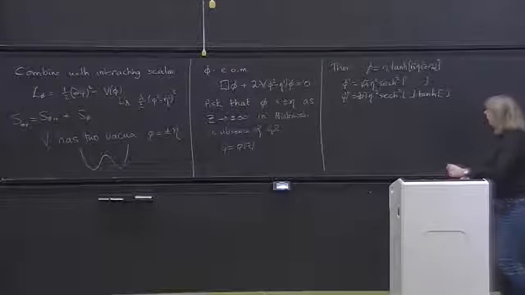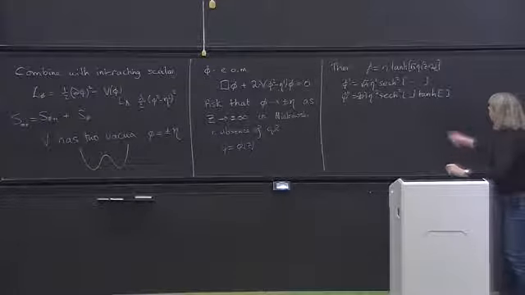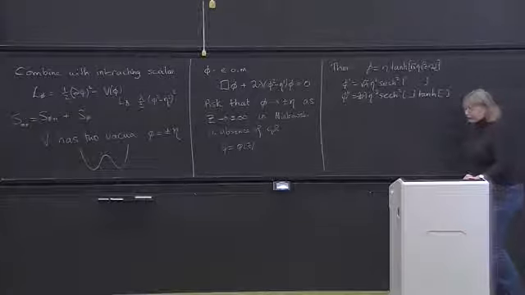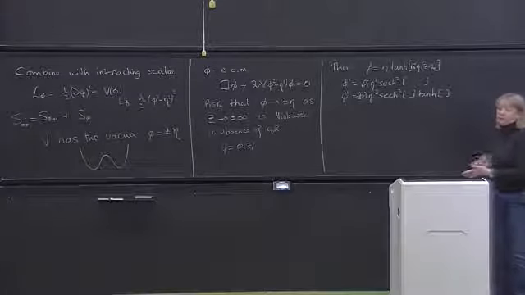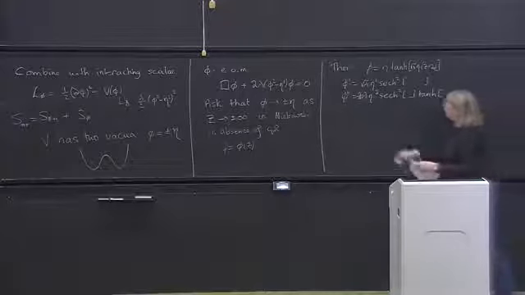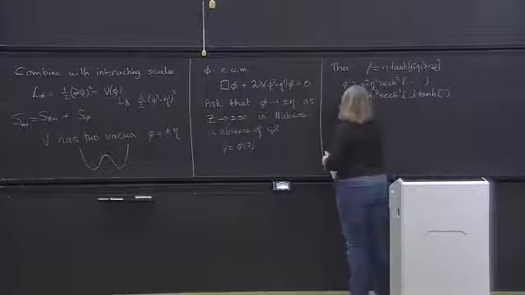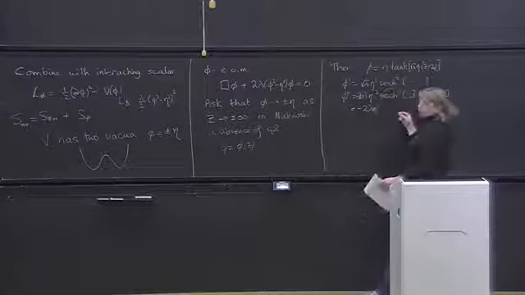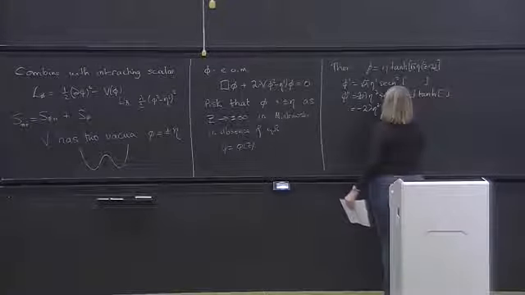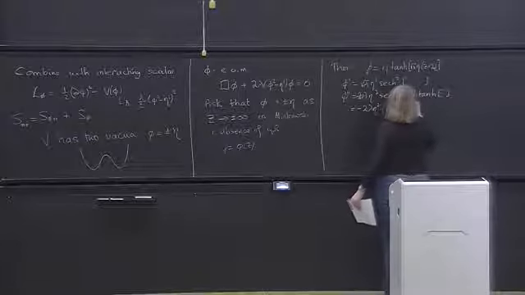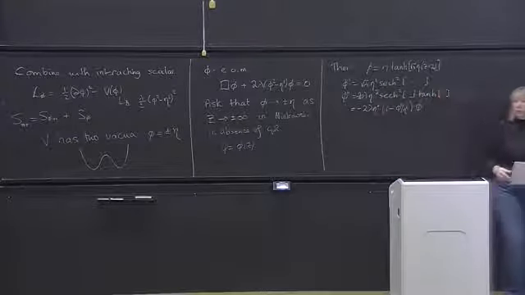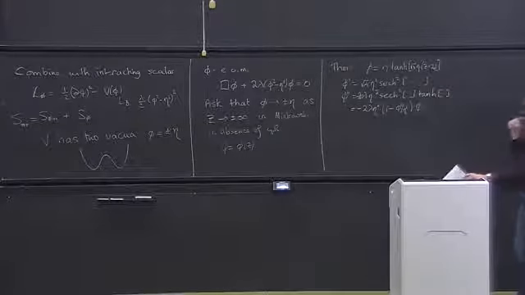Now, if I look at what phi double primed is here, this tanh is just phi, and then sech squared is simply 1 minus tanh squared. So I can rewrite this phi double primed. Sech squared is 1 minus tanh squared, so that's 1 minus phi squared over eta squared, and then my tanh with the eta is phi.